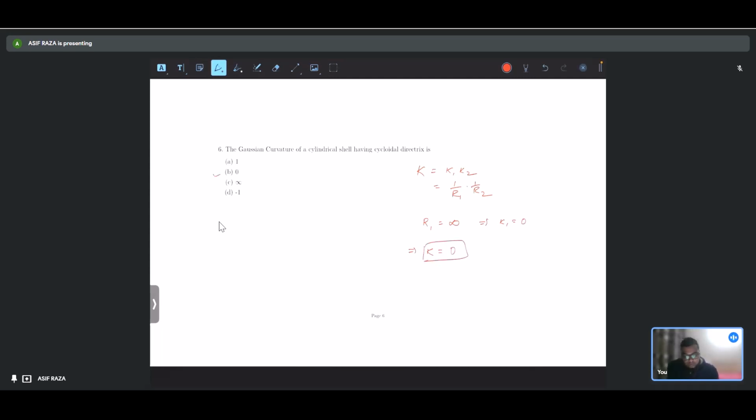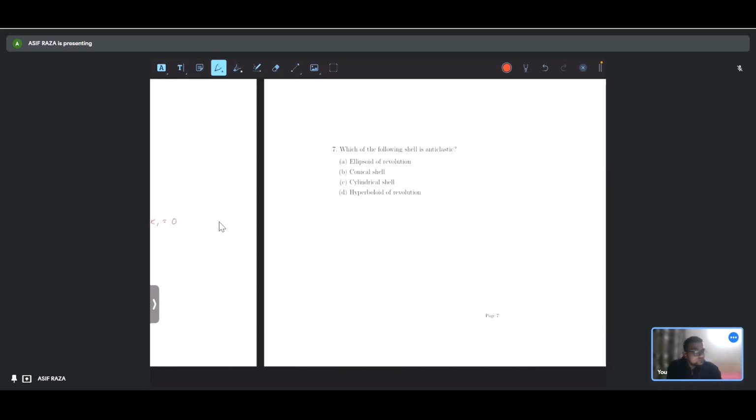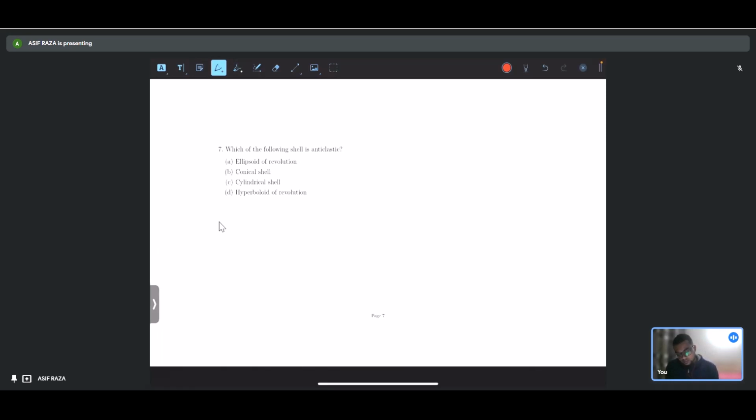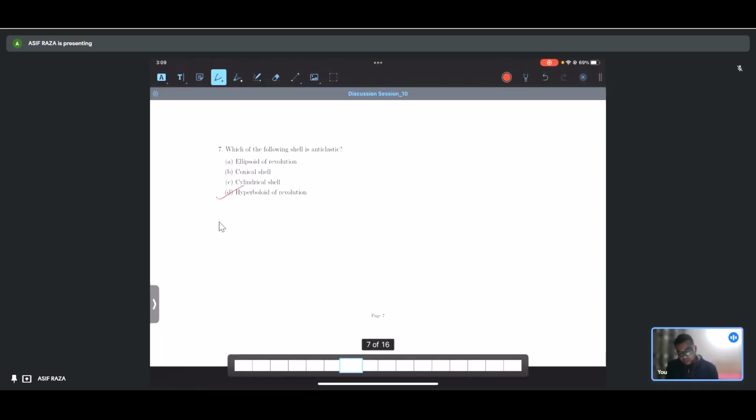So the correct option is option B, 0. So next question. Which of the following shells is anticlastic? Anticlastic shells are those for which the centers of curvature are on opposite sides of the shell, and we know for hyperboloid this applies. So the correct answer is D.